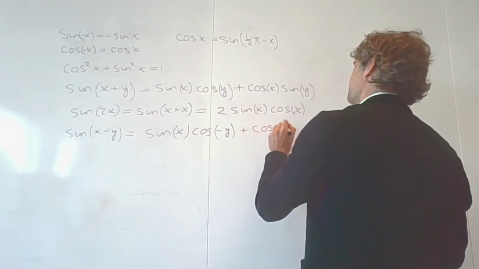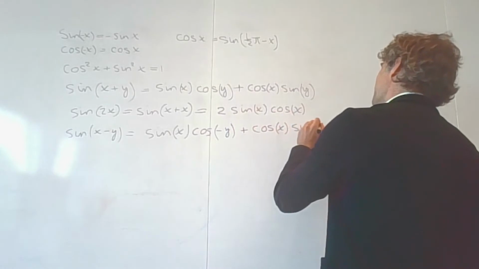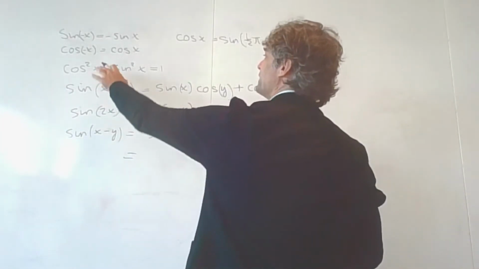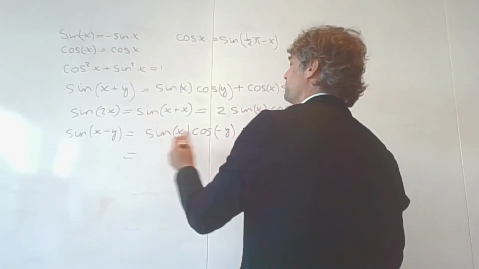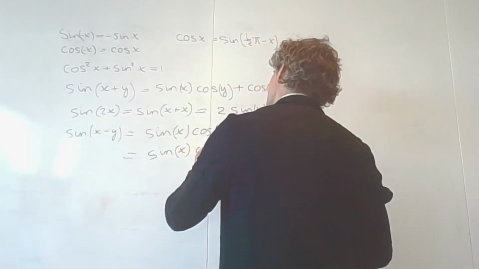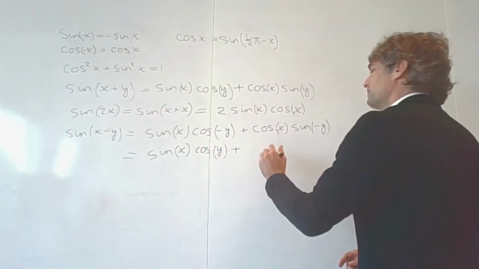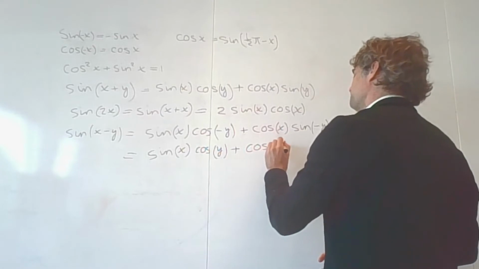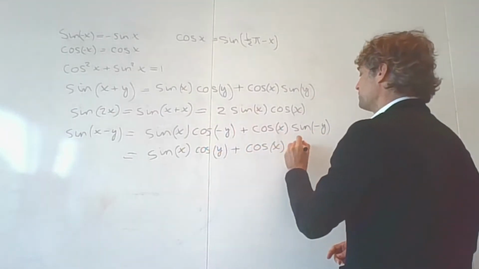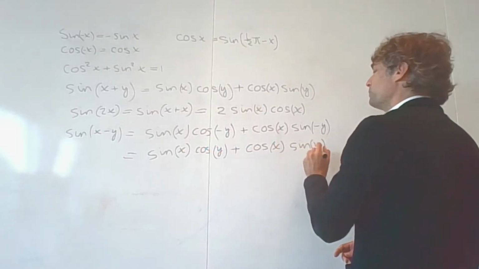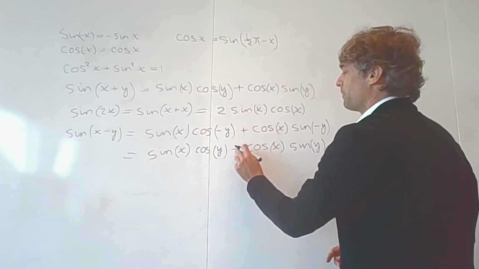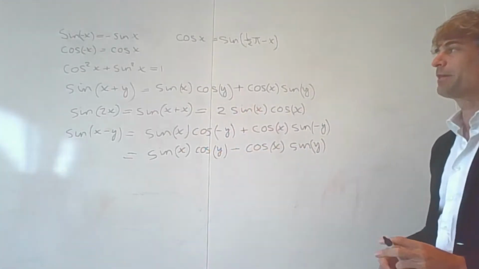Plus cosine of x times the sine of minus y. Now, this cosine of y is the same as cosine of minus y, so you just get sine of x cosine of y plus cosine of x, and then here you get a minus, because this is the sine of y with a minus, but of course we're going to put the minus here. So there it is, one of the others in the table.